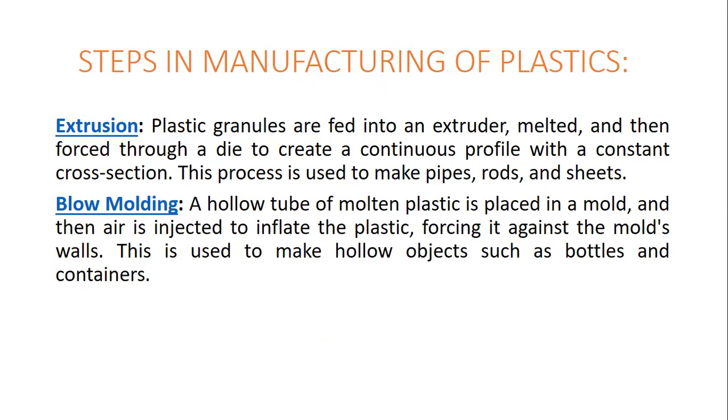Next one is the blow molding process. A hollow tube of molten plastic is forced into the mold, and then air is injected to inflate the plastic, forcing it against the mold wall. Finally, we can develop hollow objects, say bottles and containers, through blow molding operations.